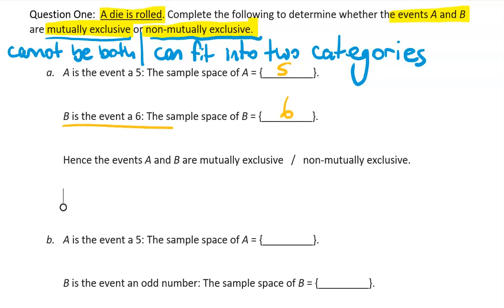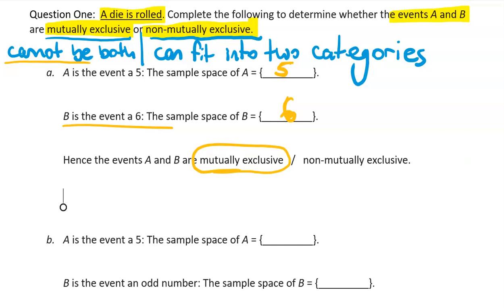Okay, look at these 2 things we've just written. We've got 5 and we've got 6. Now, do you see the same number occur in both of those? No, you don't. Okay, so we can't fit into both categories. We can't both be a 5 and a 6. So we cannot be both. So we're in the mutually exclusive category here.